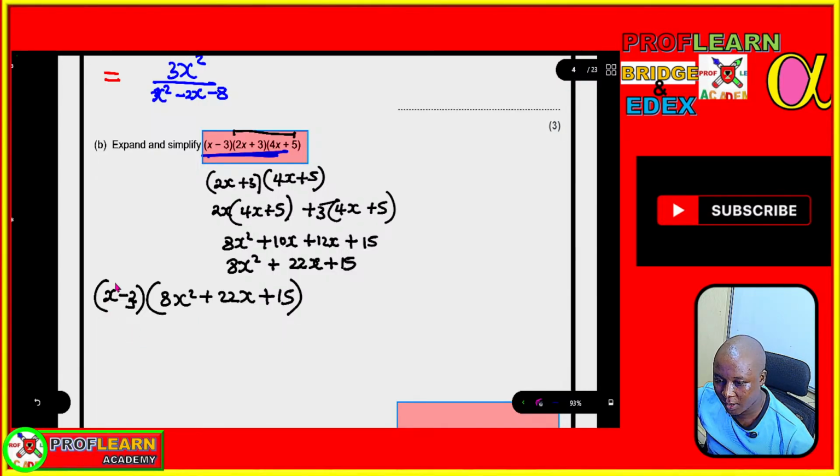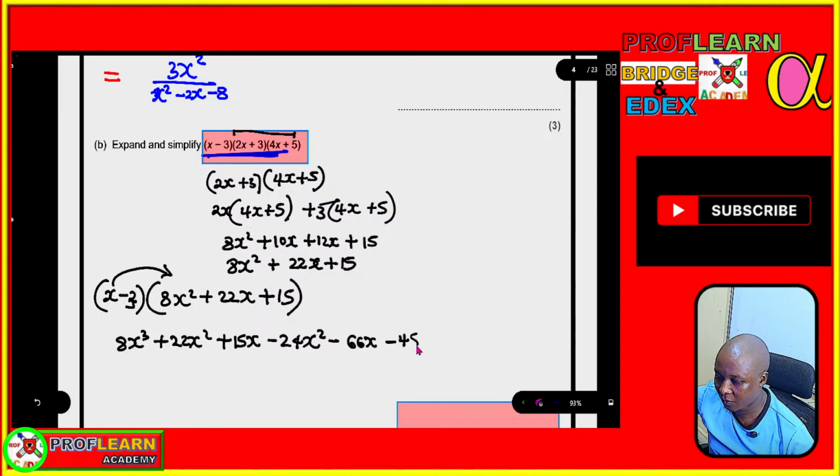Multiplying the first term with everything that is in the second bracket, we shall have 8x cubed plus 22x squared plus 15x, then minus 24x squared minus 66x, then minus 45.